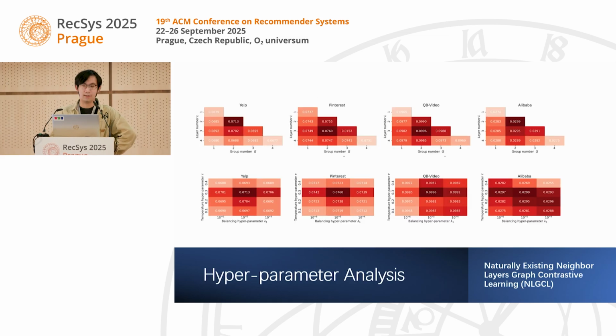So let's move on to the hyperparameter analysis part. We can see that for all 4 datasets, the optimal hyperparameters of NLGCL are similar, which could potentially reduce the cost of hyperparameter search. Actually, we also provide some insights about how to choose hyperparameters for NLGCL in different datasets and different data sparsity levels, but you can see this part in our original paper.